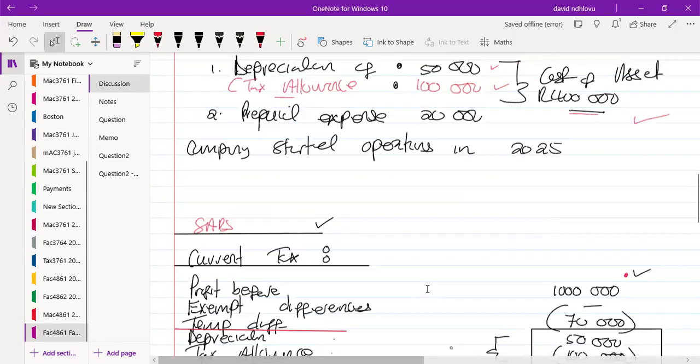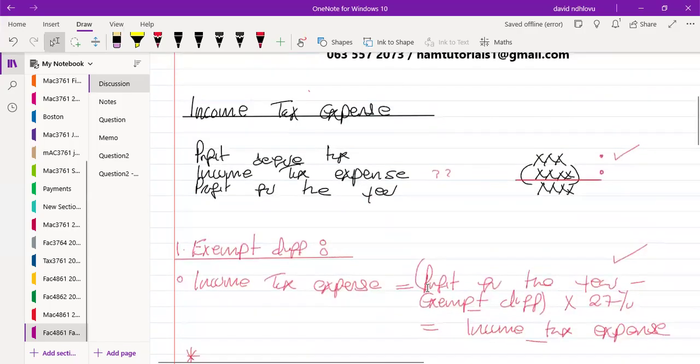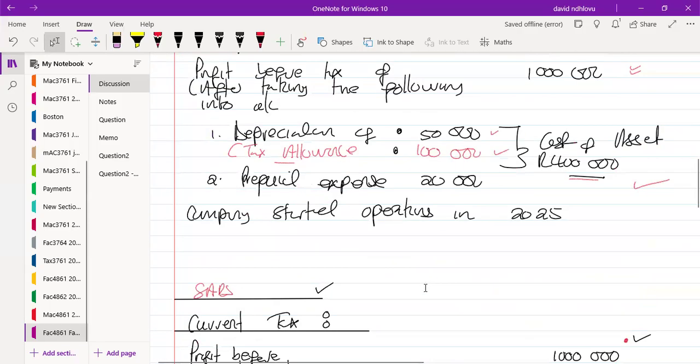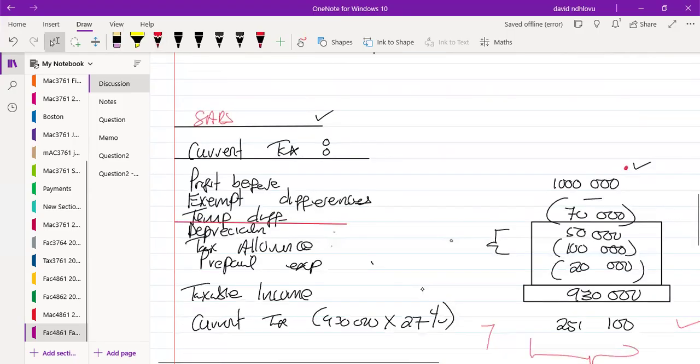So we know that there is a temporary difference here of 50,000 that we're able to capture in our current tax calculation by listing those two. However, remember the depreciation and the tax allowance are being deducted from the same asset.